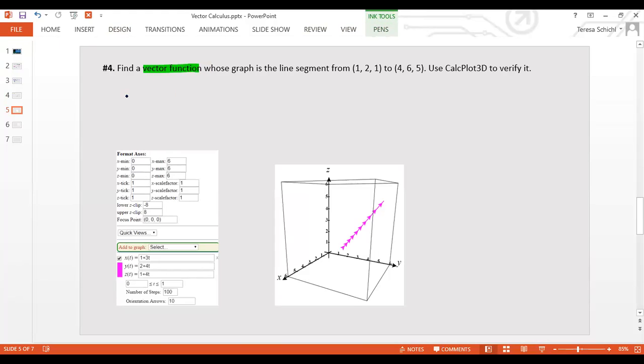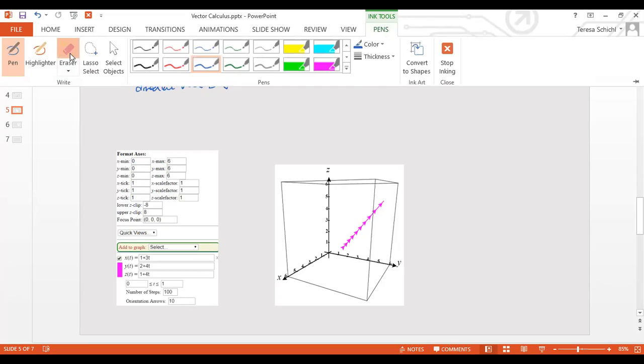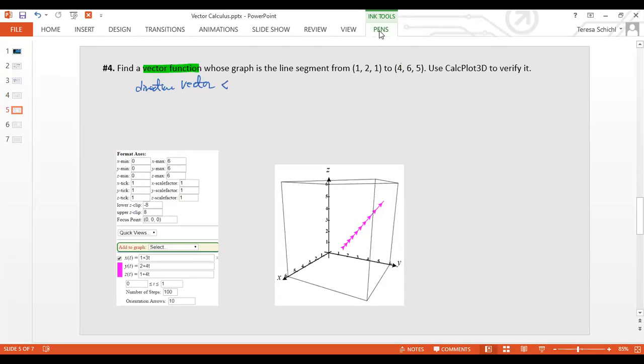We know for a line in R3, from our first unit, we can use the parametric form. First, we need the directional vector, which is just from this point to that point, from (1, 2, 1) to (4, 6, 5).